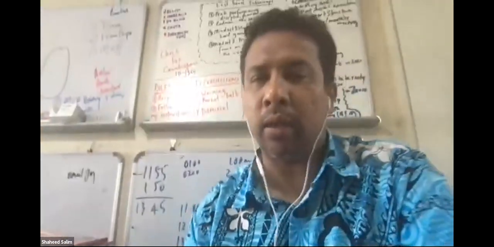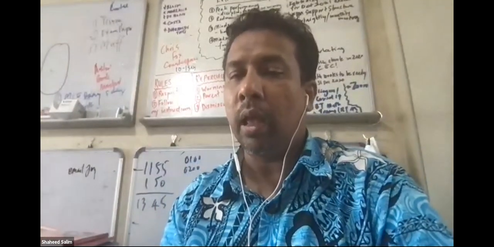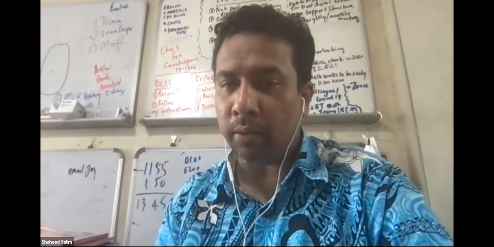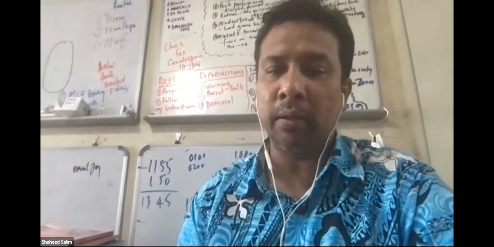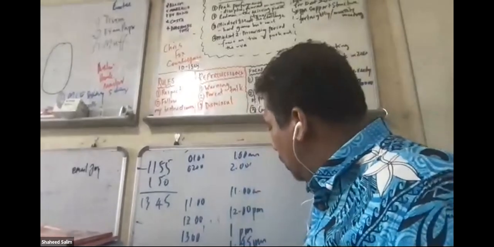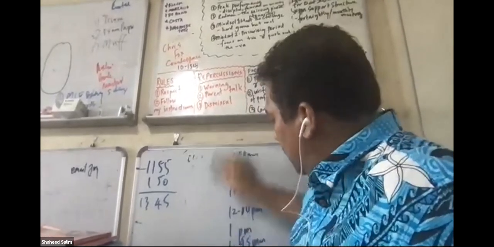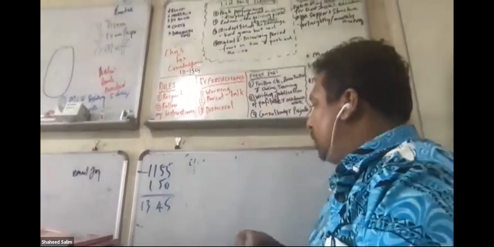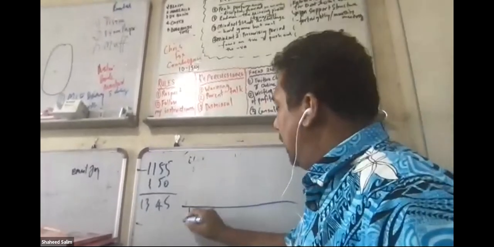If you don't get it, can you just send me a note to say you don't understand what I'm talking about? Can we do the timeline? Okay, sure, we can do the timeline. No problem, it's easier for you. So if it's 11:55, you draw the timeline.